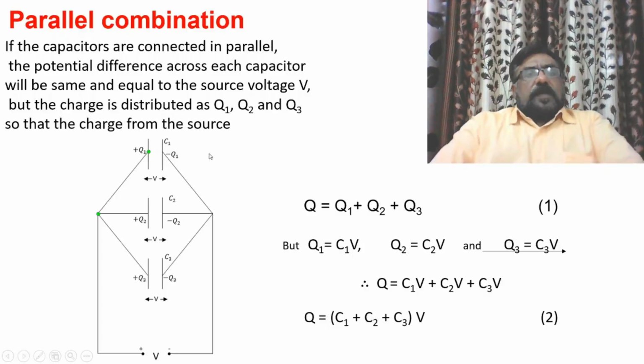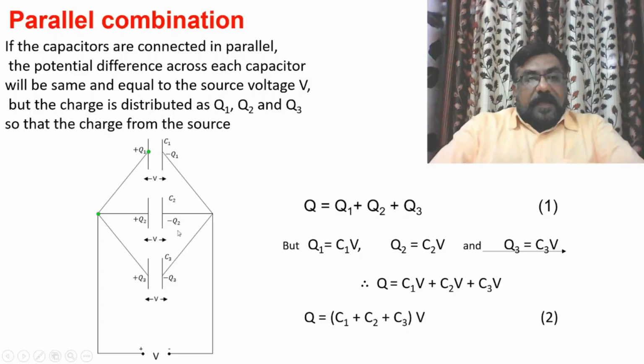Okay, now we can go to parallel combination. So consider the parallel combination of three capacitors C1, C2 and C3. The charges stored in these three capacitors will be Q1, Q2 and Q3.